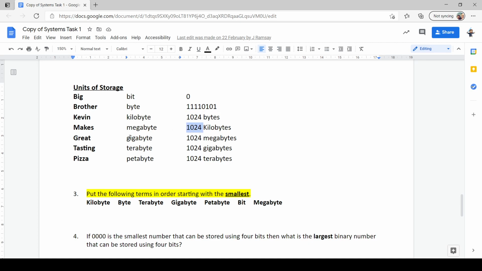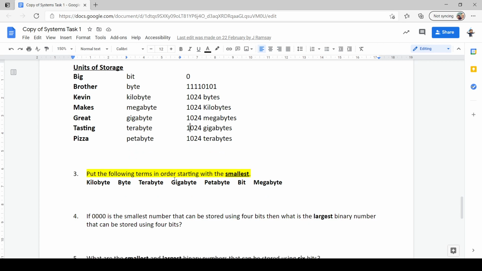A gigabyte is 1024 megabytes. So to go from a megabyte to a gigabyte, you're looking at 1024 megabytes, because that is the unit of storage. A petabyte is 1024 terabytes. A terabyte is 1024 gigabytes.